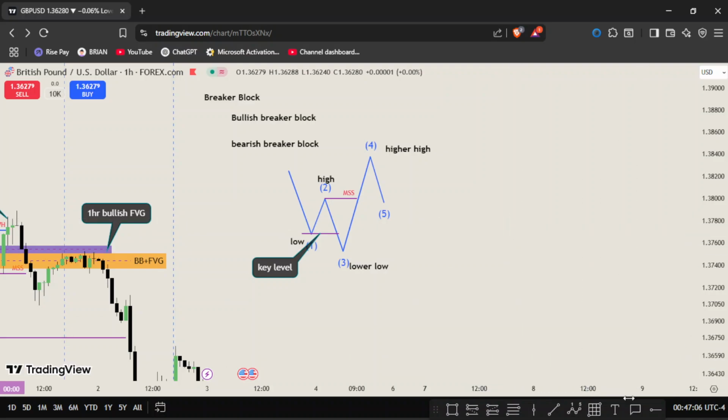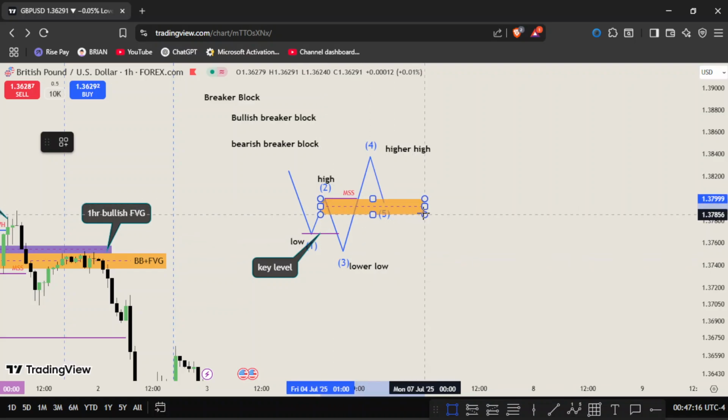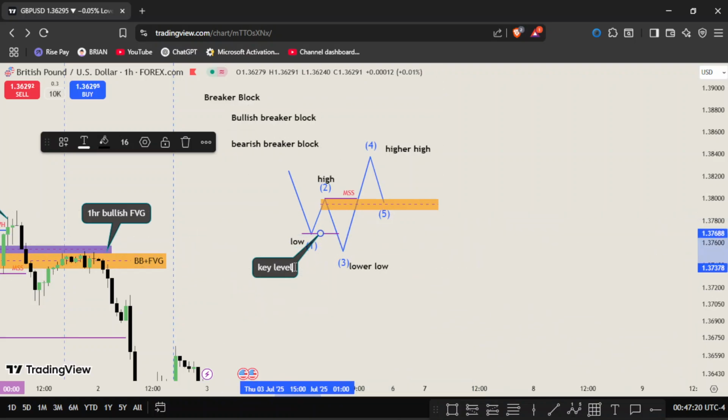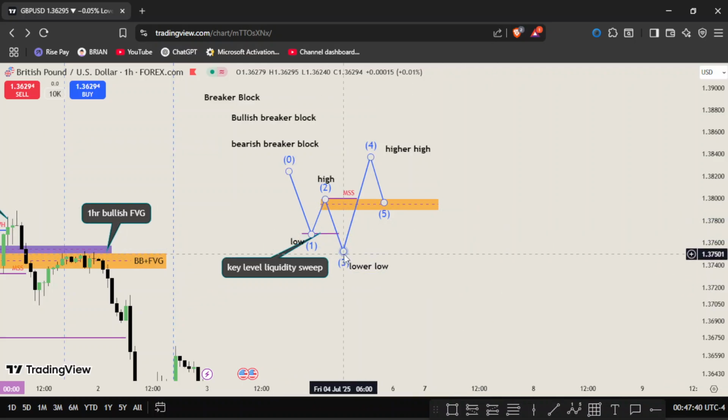So here, let's say we had a candle. Here we had a list of candles that initiated the sweep of this low, key level liquidity sweep, because we made a new lower low.